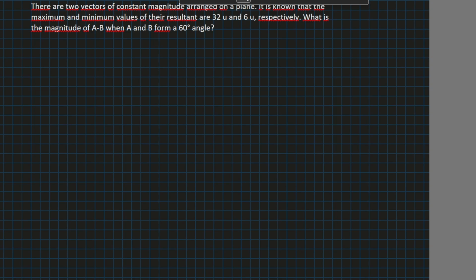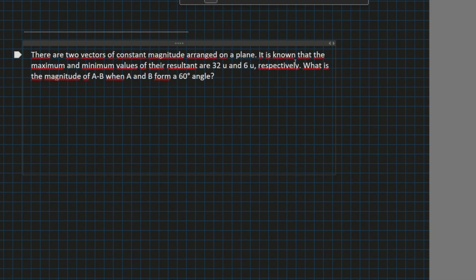Okay, in this next problem, we will continue the series of problems on vectors. The next problem says there are two vectors of constant magnitude arranged on a plane.